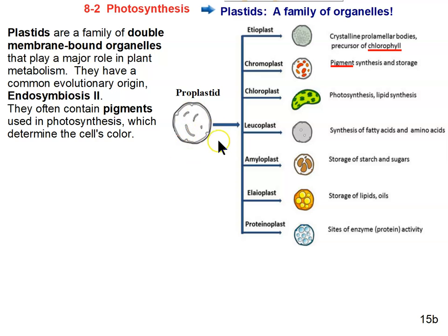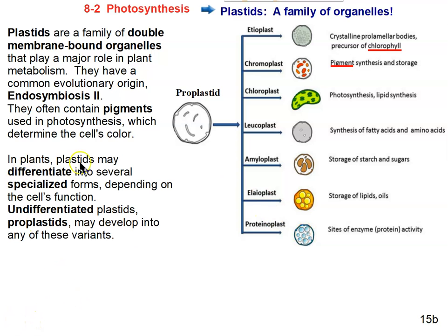In other words, it shows an ancestor, a common ancestor of all plastids, and that's this thing called a proplastid. And these various plastids then differentiate, just like cells differentiate into specialized cells. The organelles also have to differentiate into various functional organelles, and plastids are a great example of that.